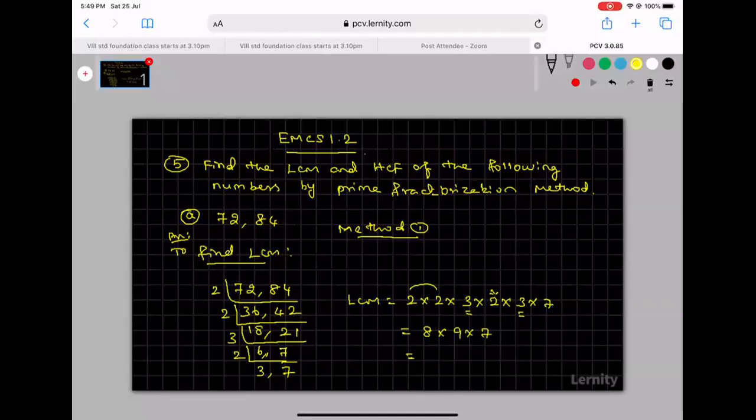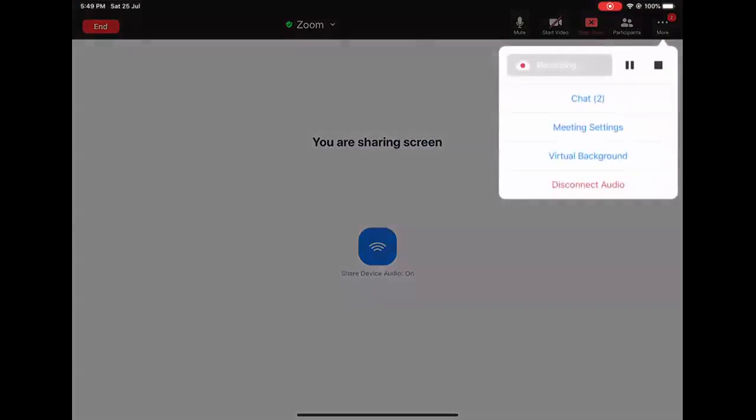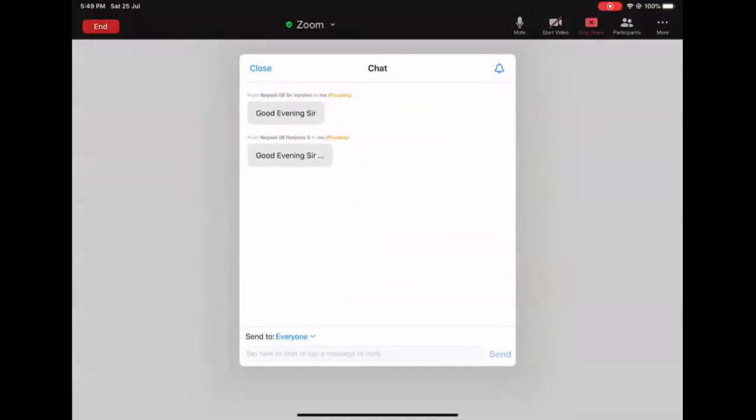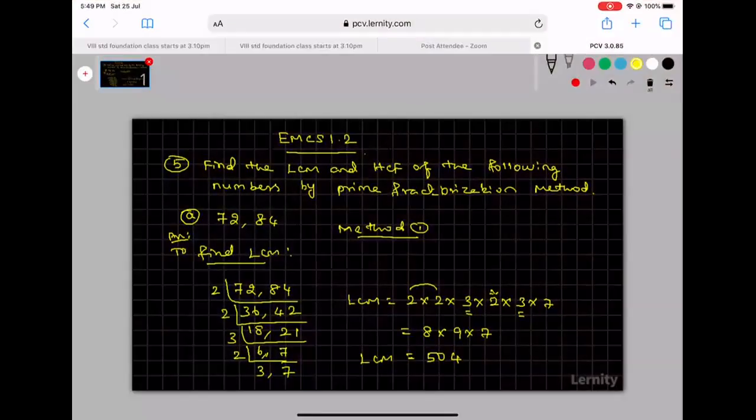So I will get 504, my answer LCM. Are you able to understand? Shall I move to the next slide? Okay, I will move to the next slide.